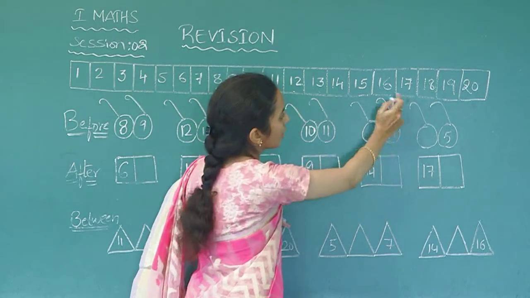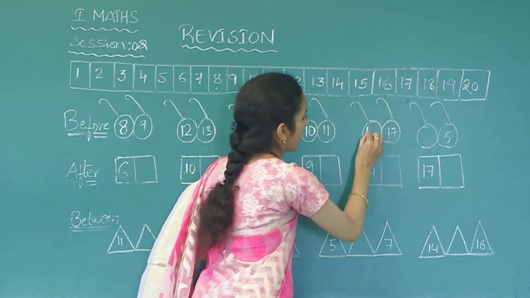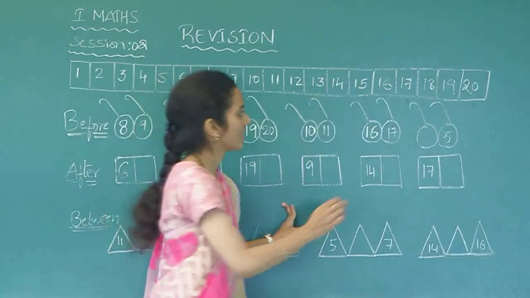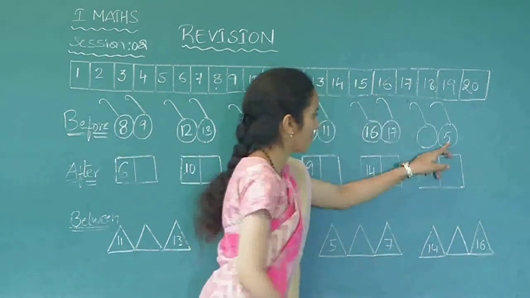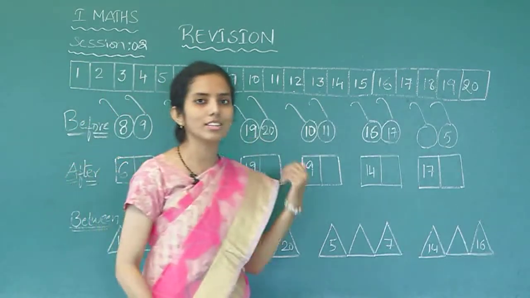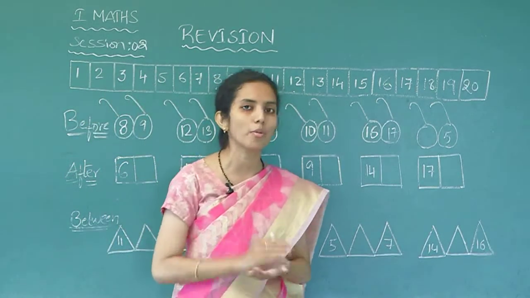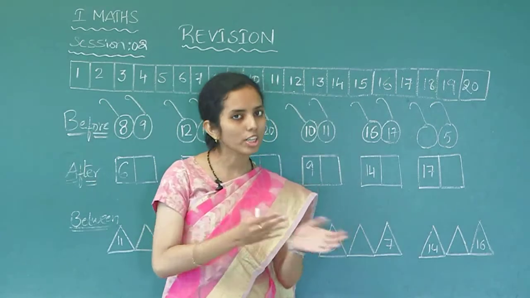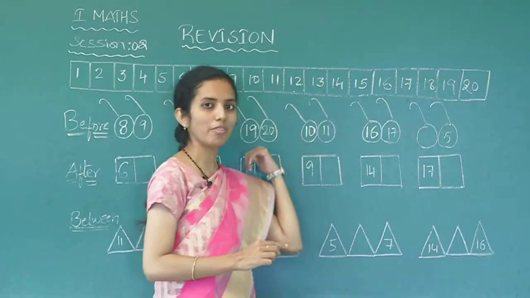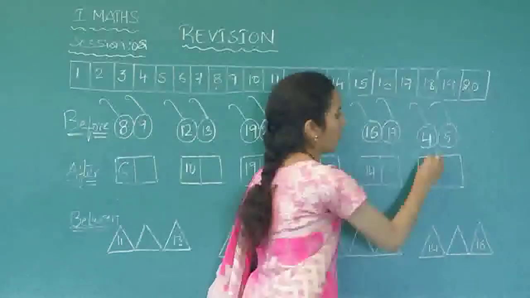So, before 17 what is there? 16. Let us write 16. And the last is 5. Without even looking at the strip we can say, what comes before 5? You all know. That is 4.